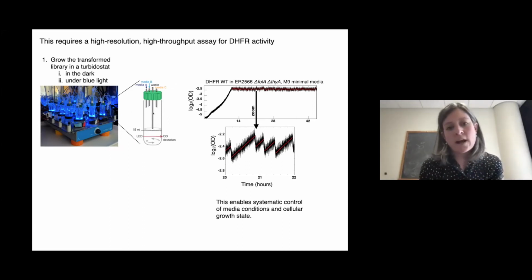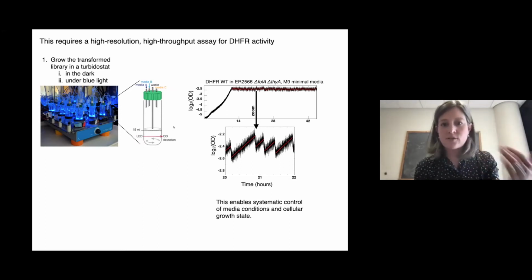We have an array of up to 15 separate vials. We've put in blue LEDs to trigger the LOV2 domain. And each culture holds about 15 mLs of volume, where we're dynamically sensing the optical density by an IR LED detector emitter pair. And then we add in fresh media in response to that OD detection, right?